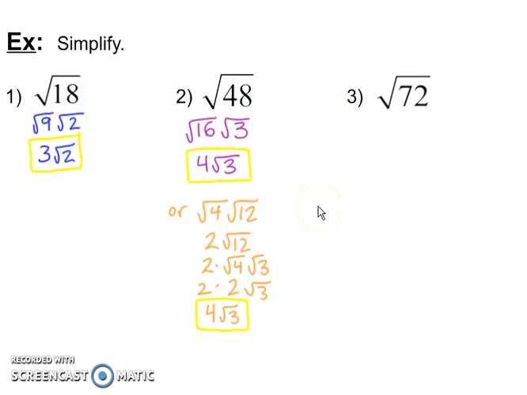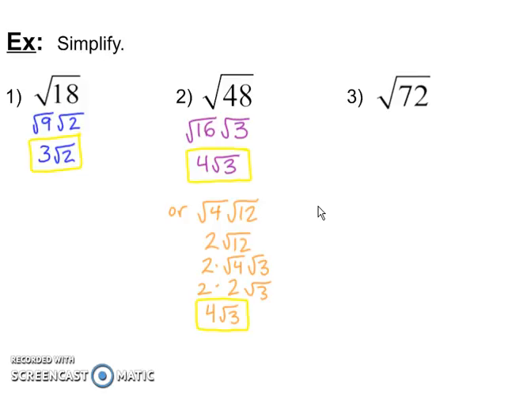Please copy example 3 if you didn't do so yet. In example 3, we're simplifying the square root of 72, or root 72. The largest perfect square factor of 72, this is another one. Maybe the first thing you would think is 9, but it also has a perfect square factor of 36.